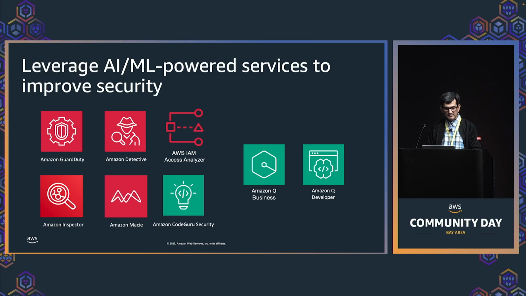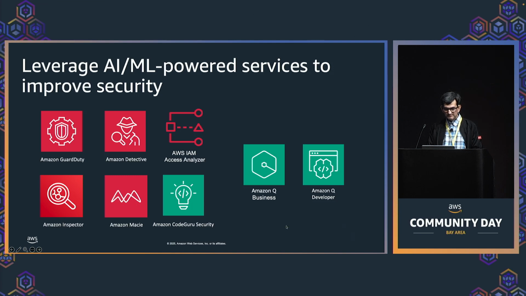Amazon Inspector also uses machine learning to identify new resources in your AWS account, identify if they have known vulnerabilities to patch, and perform network reachability tests to identify potential sources of exposure.